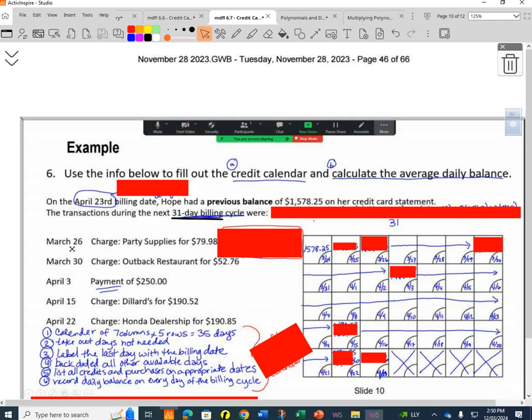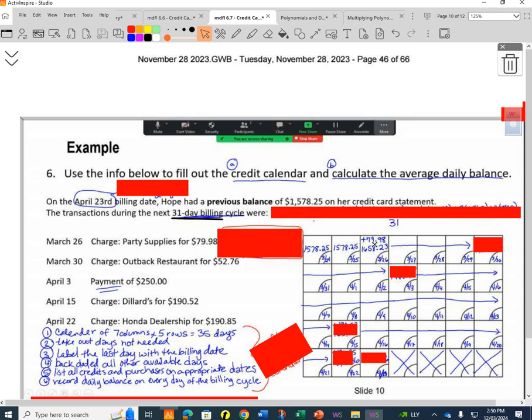She did not make any purchases until March 26th. So she had the same balance all the way up until March 26th, which is here, but on March 26th it tells us that she spent $79.98 on party supplies.